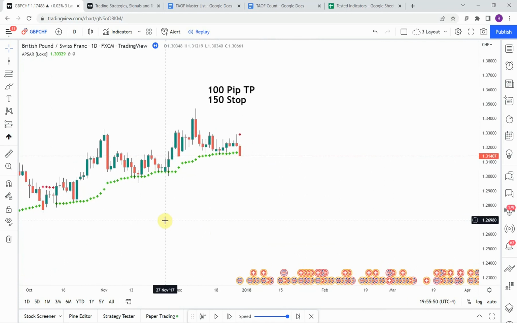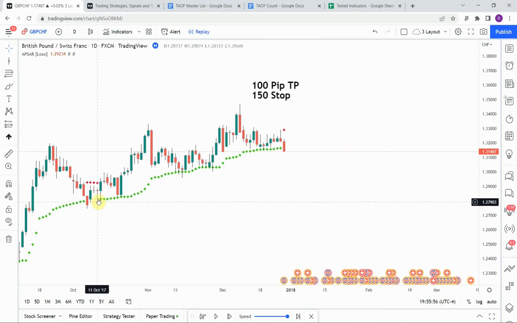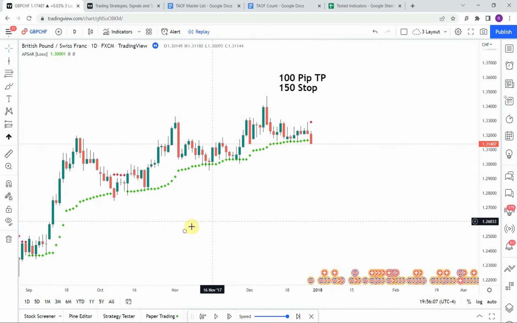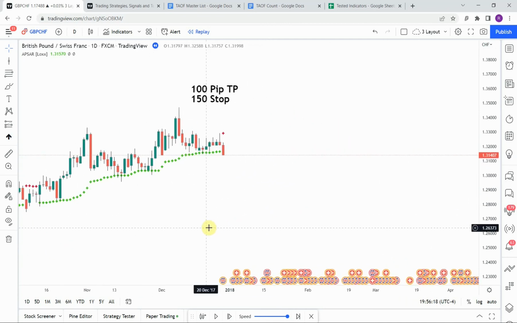And so what we are looking for is just like your standard parabolic SAR. So when the X's or the crosses drop down below price action and go green, then that is a signal to go long. When the crosses or X's jump above the price action and are red, that is a signal to go short.